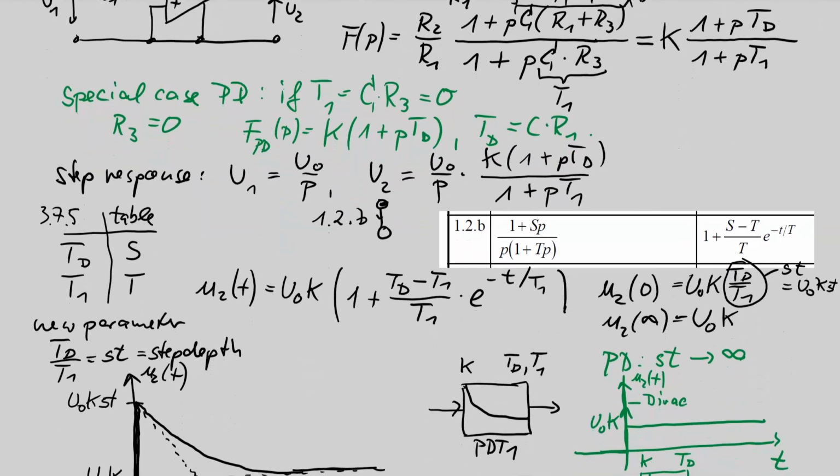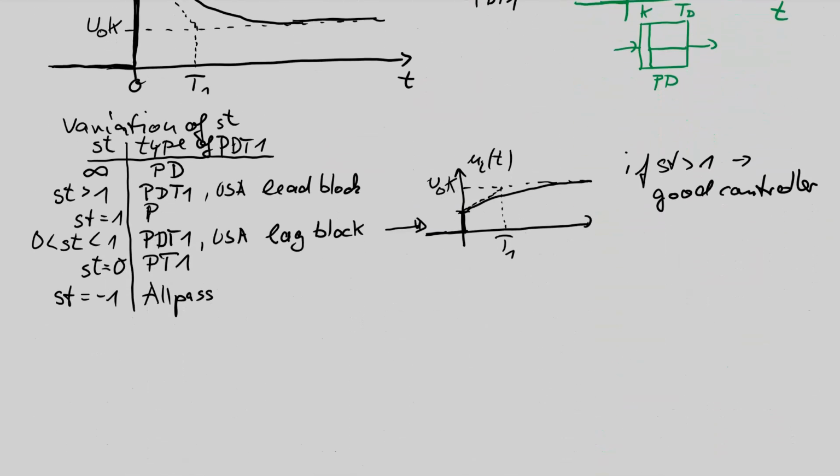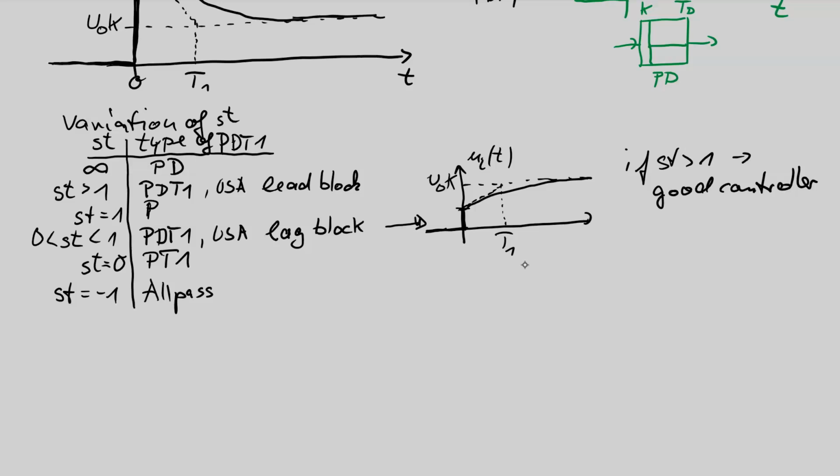But I can show you very easily the circuit can be changed into a circuit where this is possible. We need a circuit where the denominator has a larger time constant than the numerator, and this is possible with the following circuit.